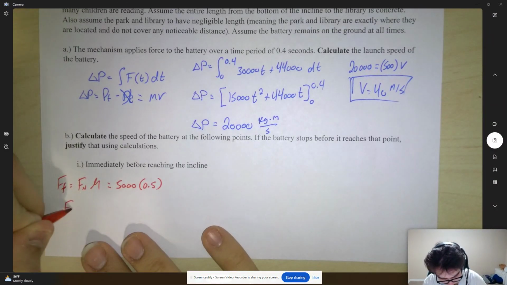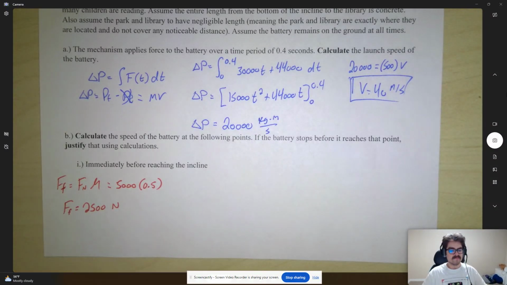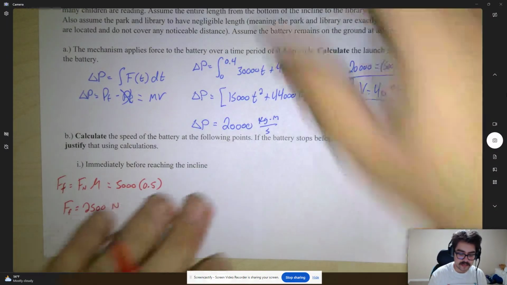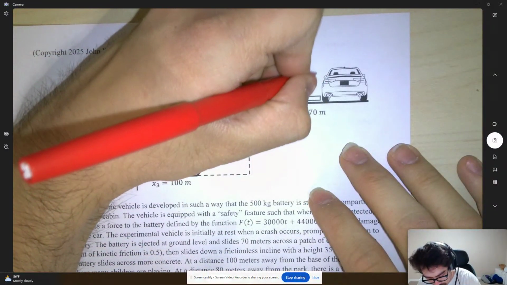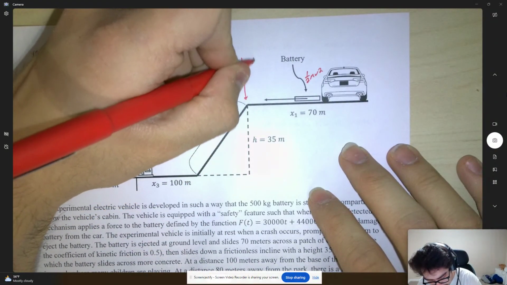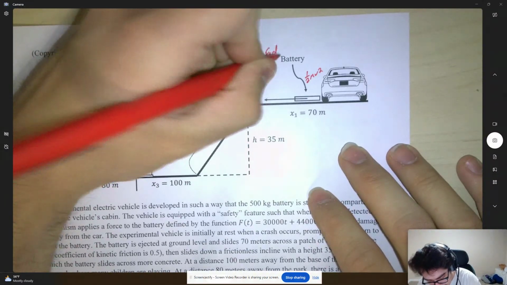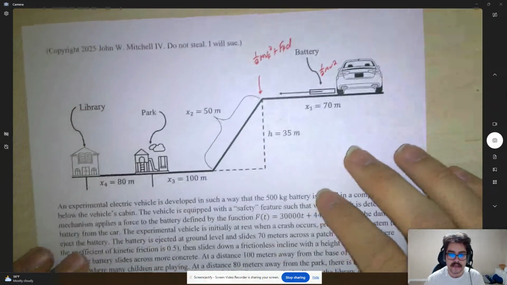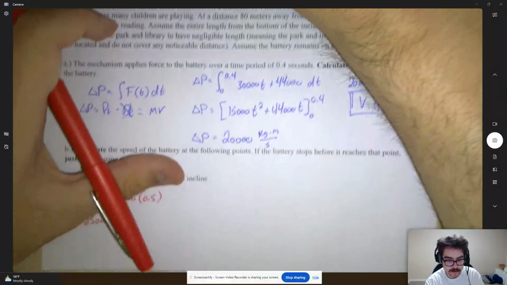So the friction force exerted on the battery should be just 2,500 newtons. So what I can do is actually use energy conservation. Initially, it has 1/2 mv squared. At the end, it's going to have a new speed, 1/2 mv final squared, but some of it is going to get dissipated, force of friction times distance. So I'm going to set up conservation of energy for this problem.